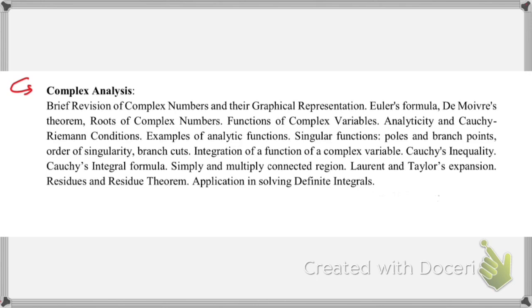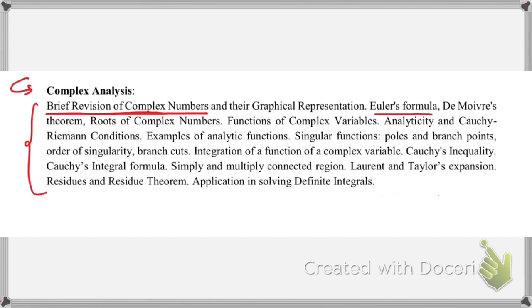And these are the topics we're going to cover in this series. Our first topic is a brief revision of complex numbers. I think you are aware of complex numbers, but before we go to the other topics, Euler's formula, De Moivre's theorem, and roots of complex numbers, we're first going to revise.